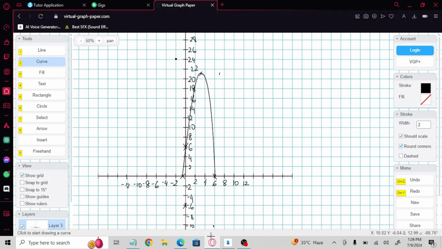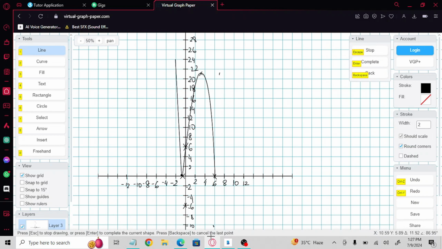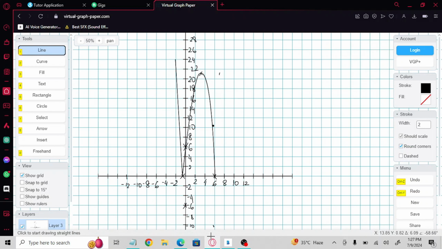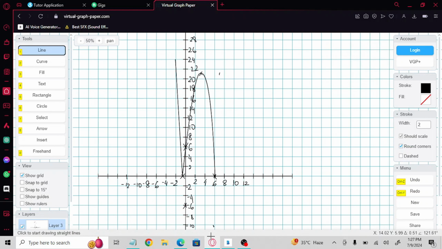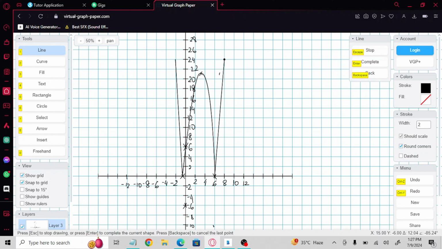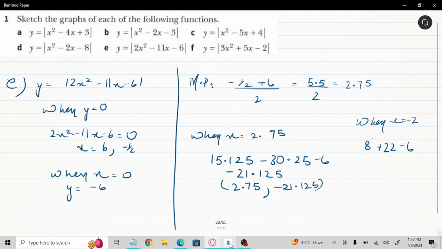So I'm going to take it up here and connect a line with this. Something like that. And that's it. Same for the other one. And -8, yes. And that's it. Oops, sorry. I need this one. Okay, so this is our graph for part E.